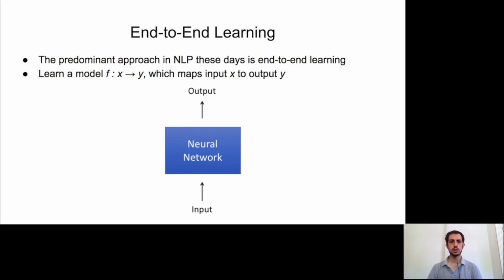So it's useful to think a bit about the common approach for solving NLP tasks these days, which is an end-to-end learning task. Under this setup, we have an input X and some output Y, and we try to learn a model F that maps X to Y. This is typically some deep neural network.